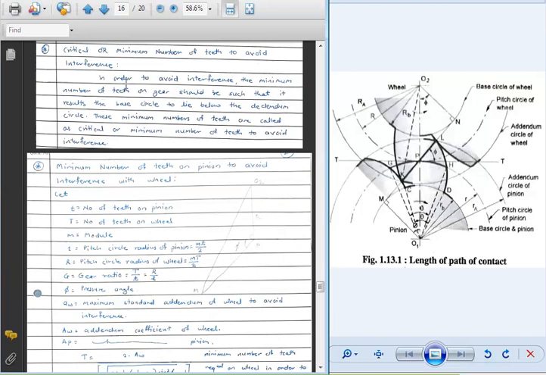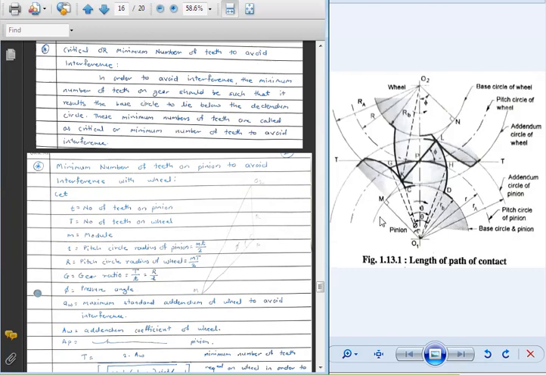In order to avoid interference, the minimum number of teeth on the gear should be such that it results in the base circle lying below the dedendum circle. Base circle should lie below the dedendum circle. These minimum number of teeth are called the critical or minimum number of teeth to avoid interference.